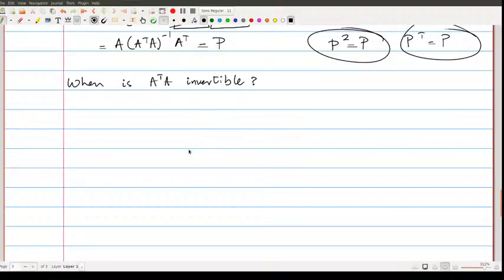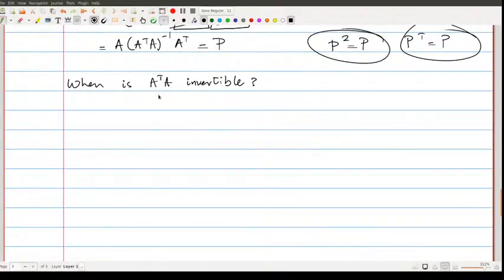And the first answer is that, of course, A transpose A is invertible when we just look at it in terms of the matrix A transpose A, and we already know that if this whole matrix has independent columns, or if it has a non-zero determinant, or it has only the trivial solution in the null space, then that tells me that this matrix is invertible.